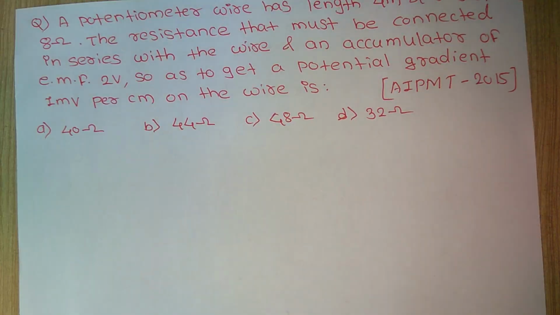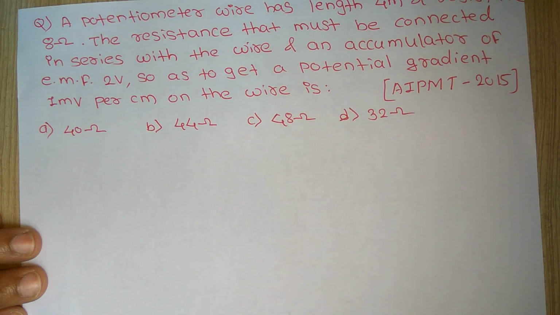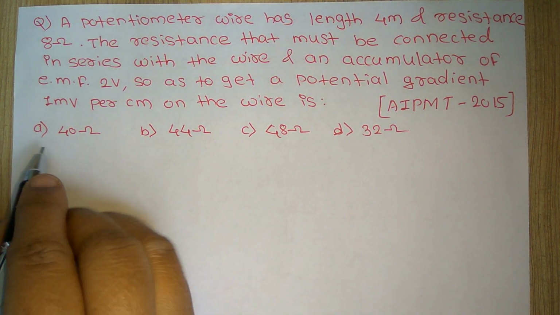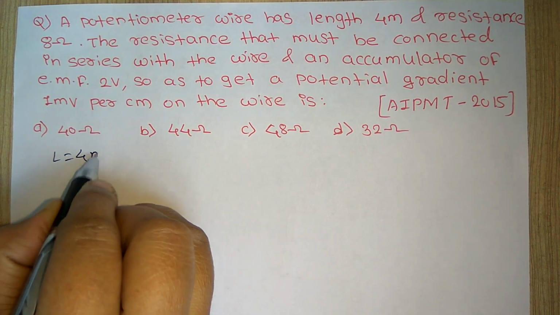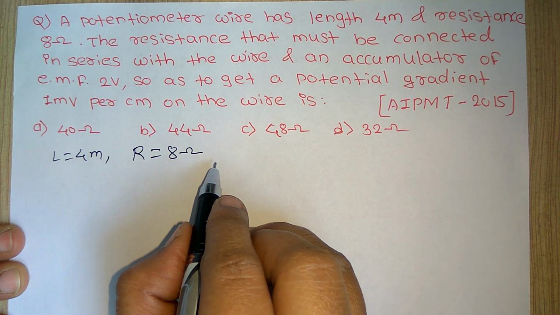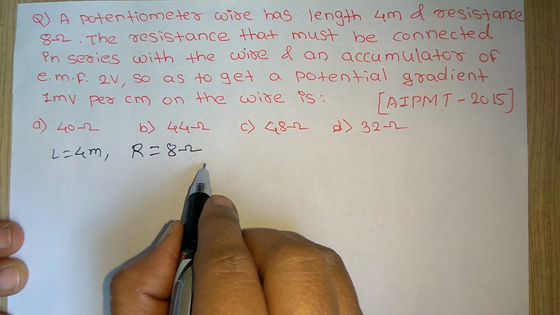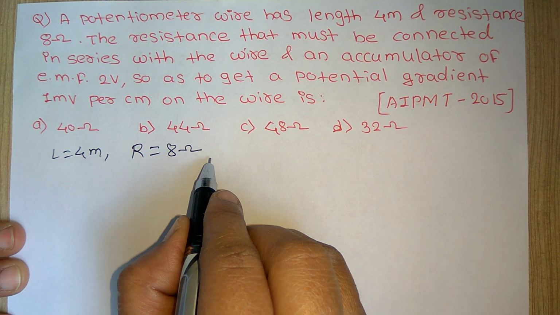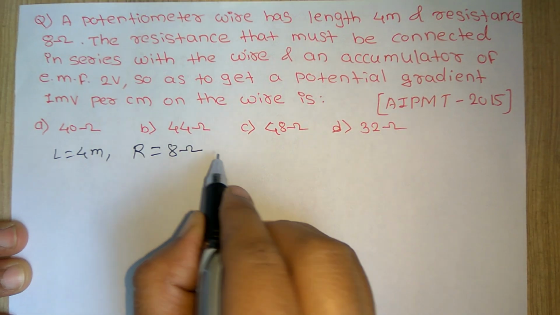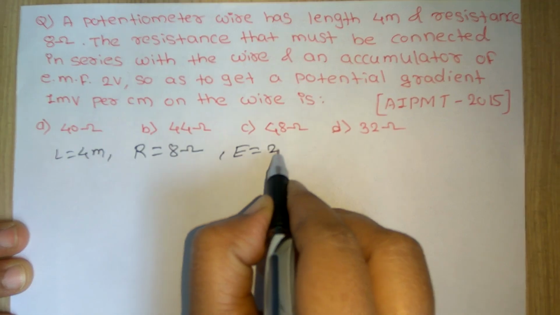Okay. Next, a potentiometer wire has a length of 4 meter and a resistance of 8 ohm. Length is given 4 meter and resistance of potentiometer R is 8 ohm. The resistance that must be connected in series with the wire and an accumulator, means a battery, of EMF 2 volt. E is given 2 volt.